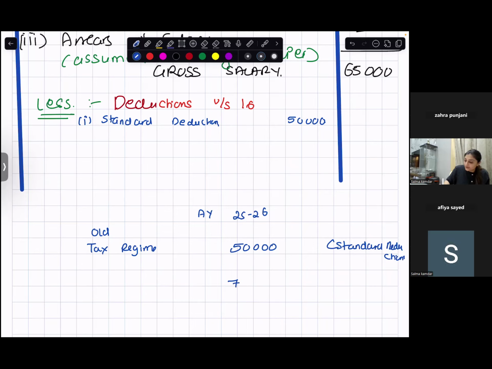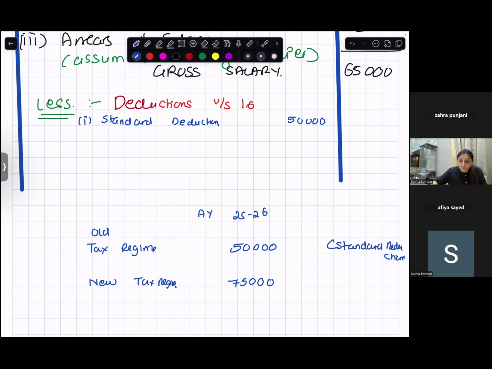But if you are following the new tax regime, the standard deduction would be 75,000. So no matter what, we have to put this. The question will tell you whether you're following the old tax regime or the new tax regime. I hope I am clear.